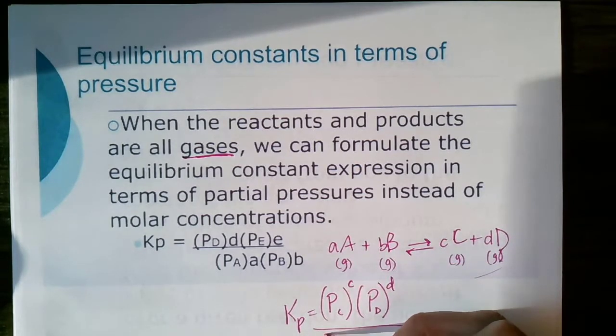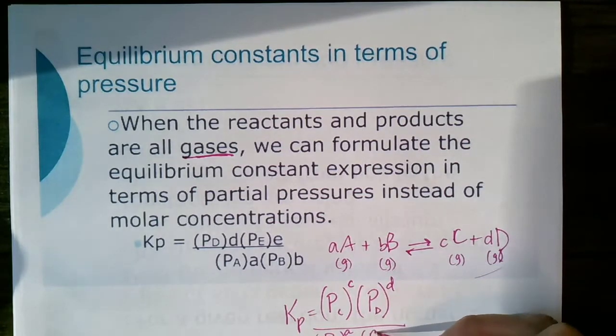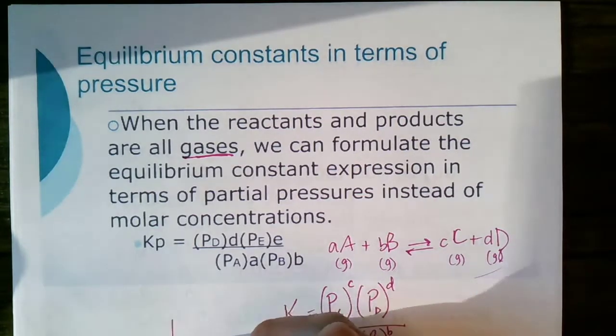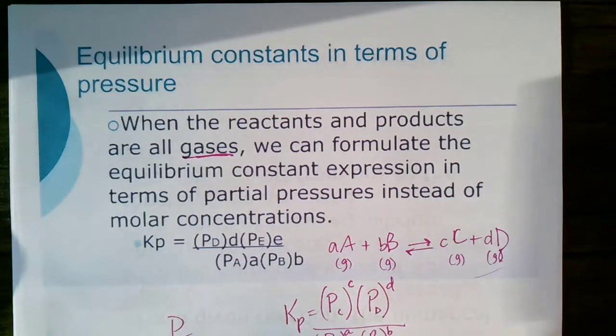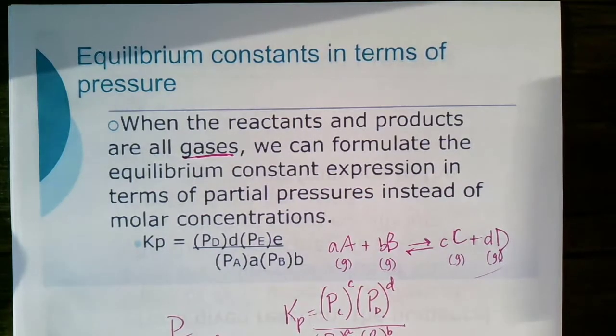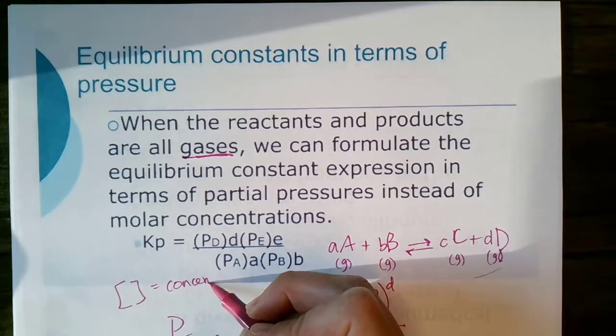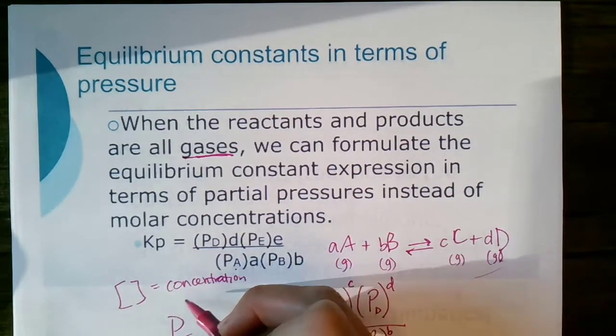And then again, we would look at the partial pressure of A to the power of a times the partial pressure of B to the power of b. And so our P is representative of partial pressure, as opposed to brackets, which is concentration, which is in the form of molarity.